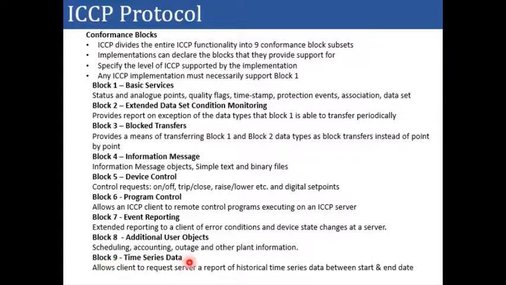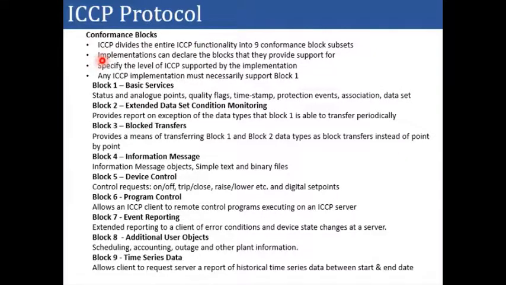Block 9 contains the time series data, which allows the client to request the server a report of historical time series data between the start and end date. So these are the 9 typical conformance blocks which are used in the ICCP data communication.